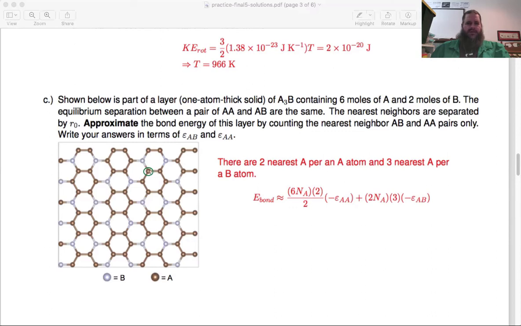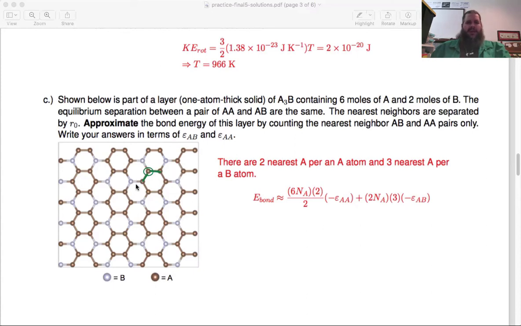Yeah, looks like just two. We've got a nearest neighbor over here and another nearest neighbor A over here. There's also the type B nearest neighbor, but we'll have to consider those separately because it's a different amount of energy per bond. So it looks like each type A atom has two nearest neighbors.